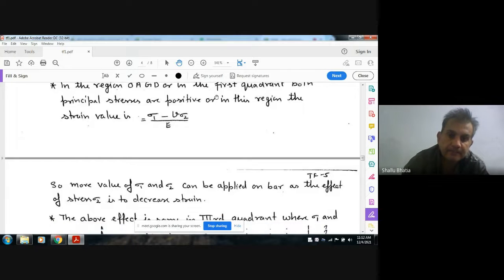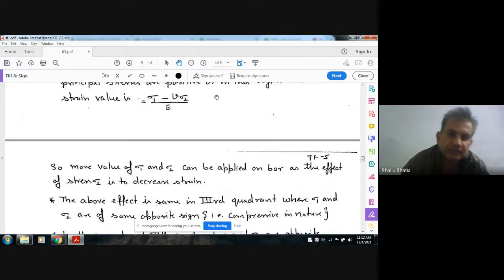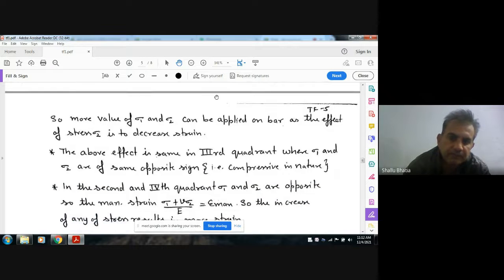Similarly, the above effect is the same in the third quadrant, where sigma 1 and sigma 2 are of the same sign, that is, of compressive nature. In the second and fourth quadrants, sigma 1 and sigma 2 are of opposite nature. One is tensile, the other is compressive. So they will have the same effect on the material.